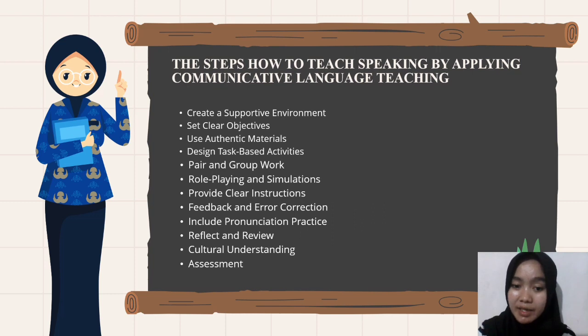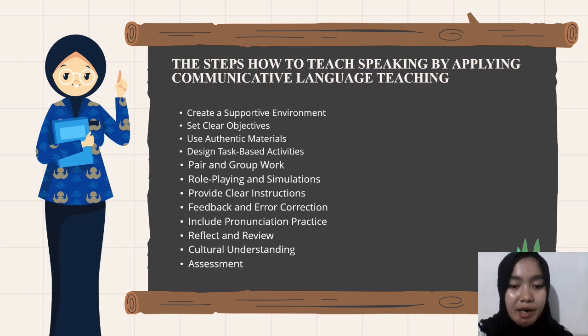Number 4, design task-based activities. Develop speaking activities that involve completing tasks or projects. These tasks should require students to use the language for a specific purpose, such as solving a problem, making a decision, or presenting information.